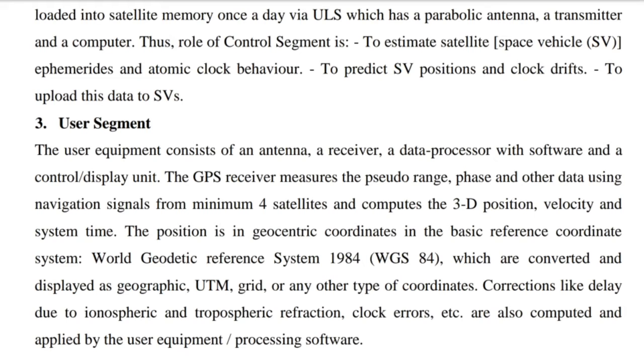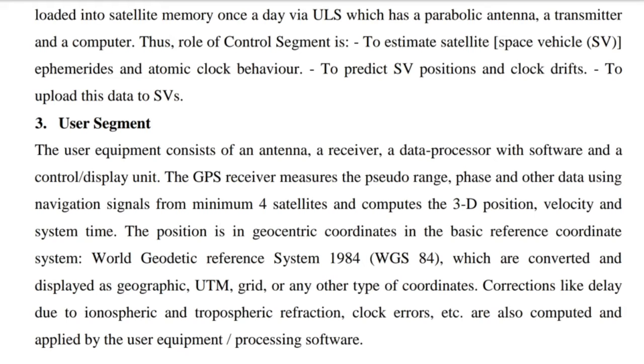3. User segment. The user equipment consists of an antenna, a receiver, a data processor with software, and a control or display unit. The GPS receiver measures the pseudo range, phase, and other data using navigation signals from a minimum of 4 satellites and computes the 3D position, velocity, and system time.